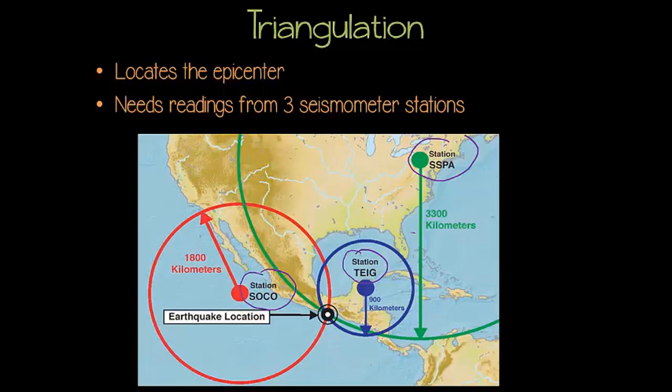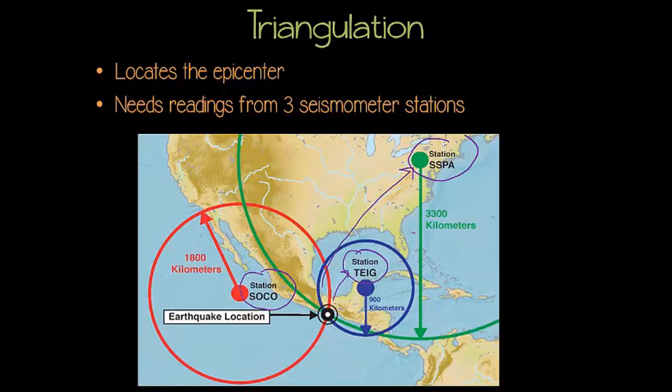And so each of these stations is going to show different measurements. The seismometers closer to the earthquake will have a stronger seismogram, and the one further away is going to have different measurements. So scientists take the measurements from 3 different seismograms, and they do some math, some different calculations, and they can work backward to figure out where the earthquake was the strongest, and that will be the epicenter.